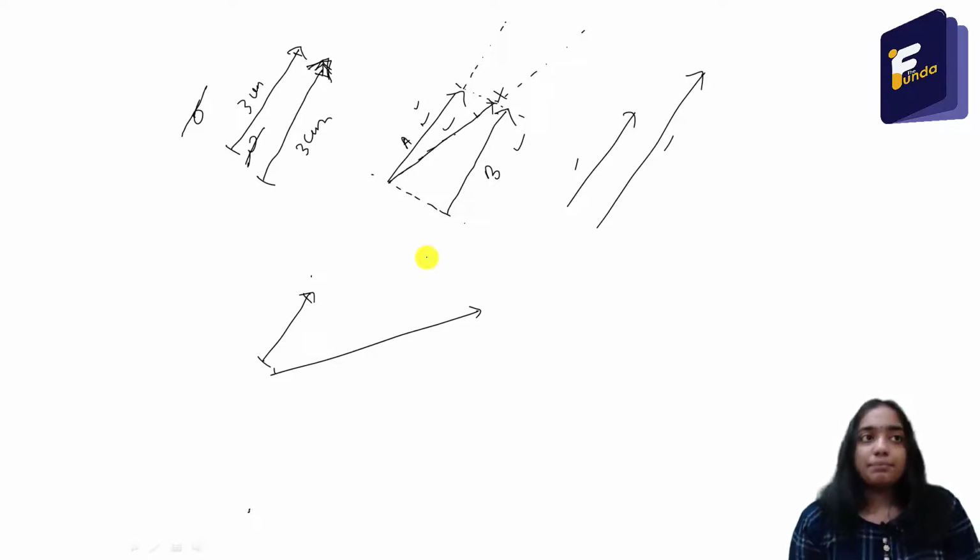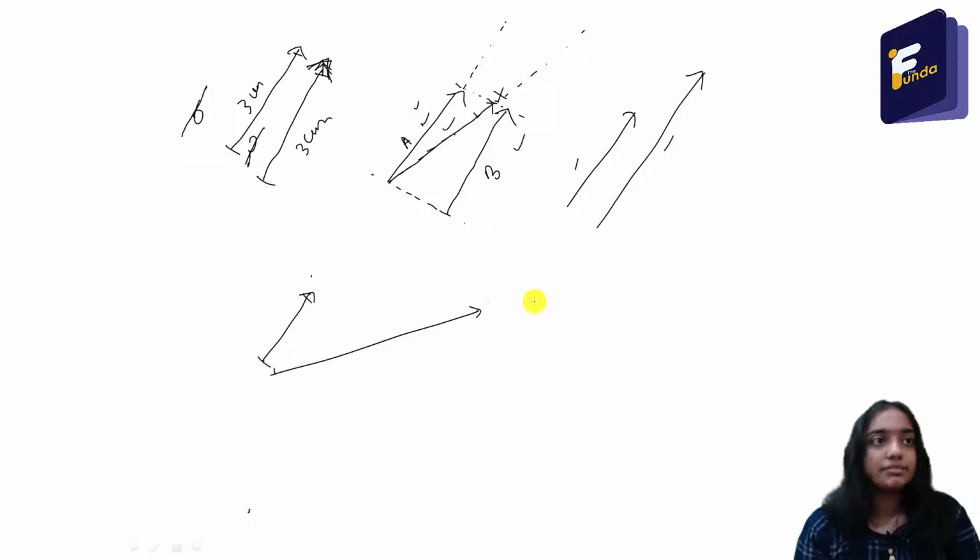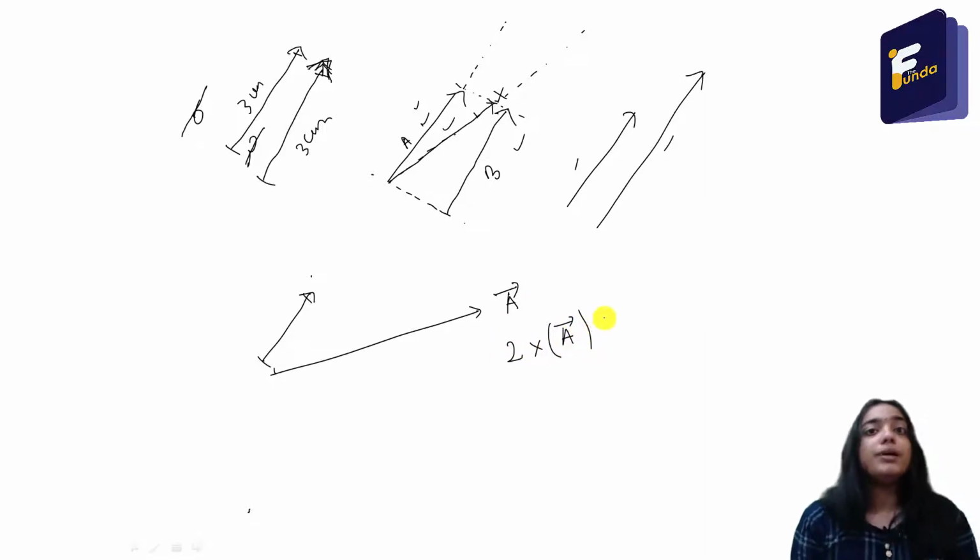So what will happen if I multiply a scalar quantity, like a number, to a vector? Say this arrow represents a vector quantity A. What will happen if I multiply 2 into this vector quantity A? The magnitude of vector A will be doubled.